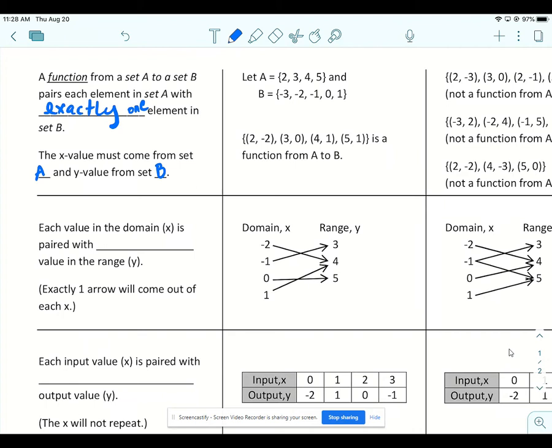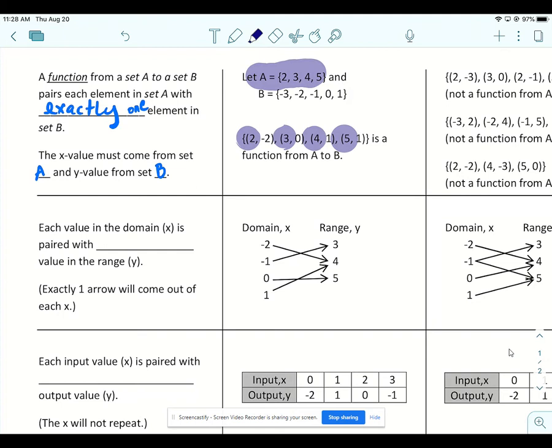So this first one is a function because all of your x values come from set A, and it is important also that they're all used. So the whole set A has to be used.